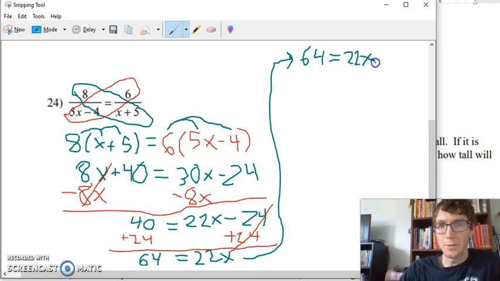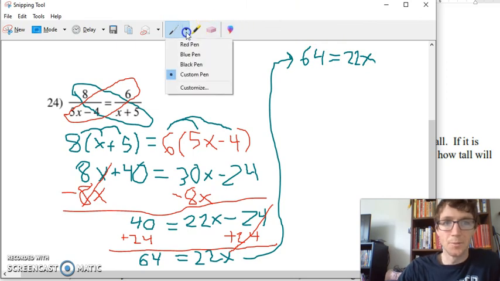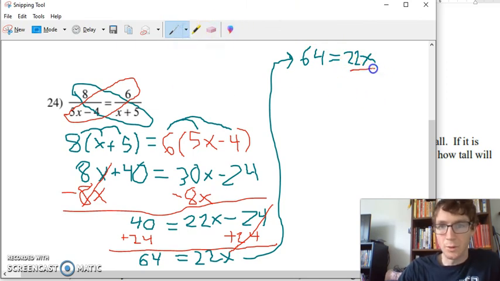So if we're trying to get the x by itself, it's 22 times x, we got to divide by 22. So I'm going to divide both sides by 22. So that cancels. So we should in the end just have x equals 64 divided by 22. So 64 over 22.